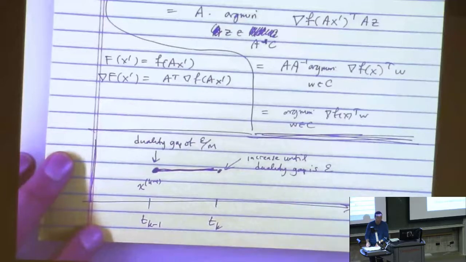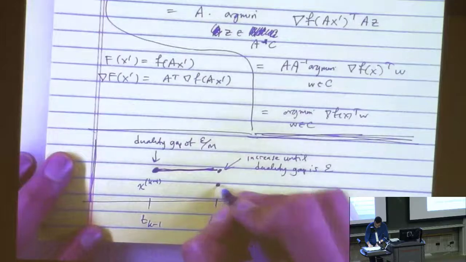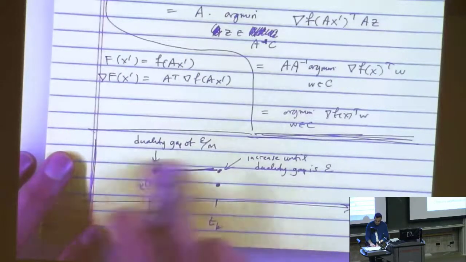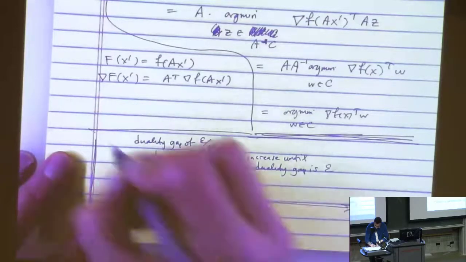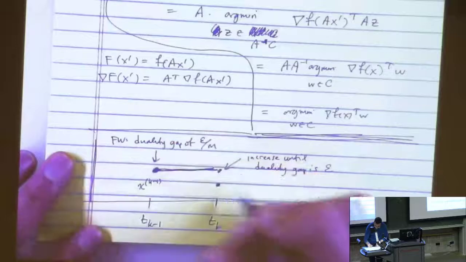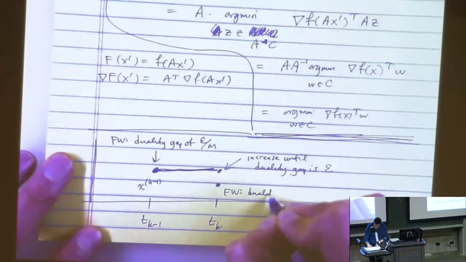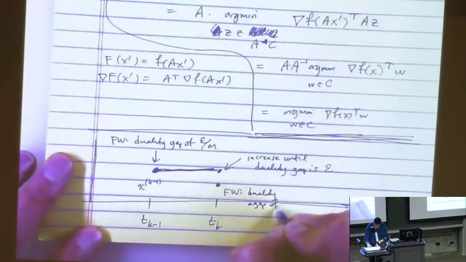And I go back and I use Frank Wolfe to recompute the solution to the same increased resolution. So I use Frank Wolfe again here, and it gives me a duality gap. I ask for a duality gap of epsilon over m.